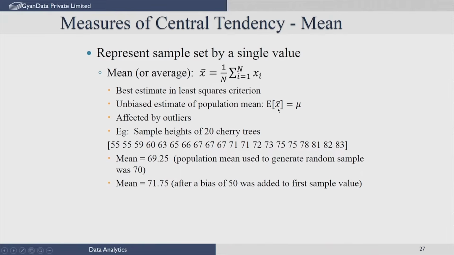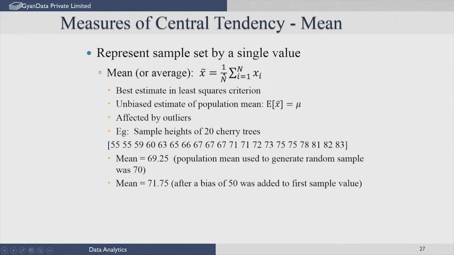In order to understand what this means, suppose you take a sample of n points and you get an estimate x bar, and you repeat this experiment and draw another random sample of n points from the population and get another value of x bar, and you average all these x bars that you get from different experimental sets. Then the average of these averages will tend to this population mean. That is a way of interpreting the statement that it is an unbiased estimate. There are other properties of estimates that we will see, but this is a useful and important property of estimates that you should always check.